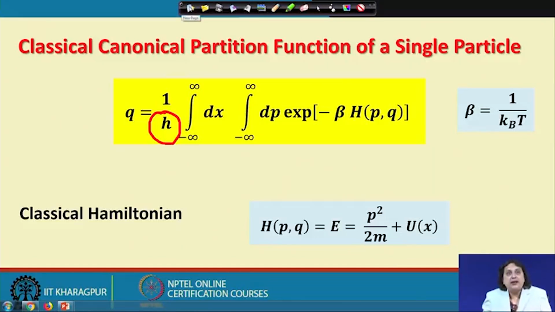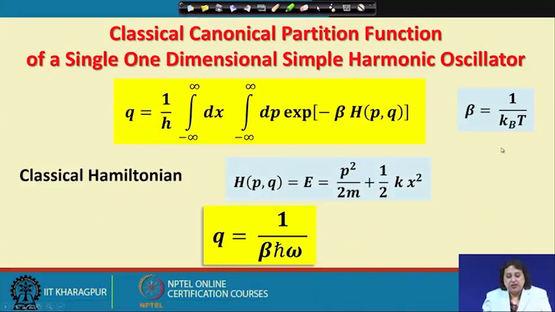And now I try to evaluate the canonical partition function for the simple harmonic oscillator. So, I put E equal to p square by 2m plus half k x square.